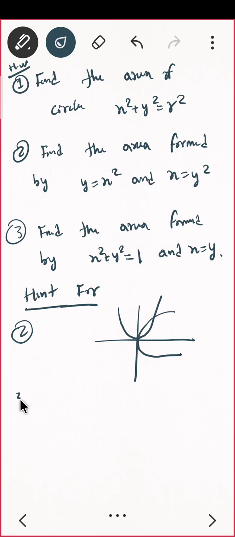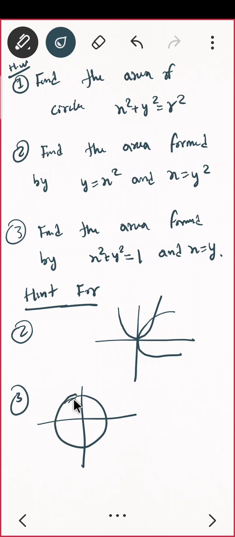What is the third one? Hint. You are having a circle with center 0 0 and radius 1, and you are having y equal to x. Graph is y equal to x, something like that. So what you have to find? Oh, I think I should make some changes.